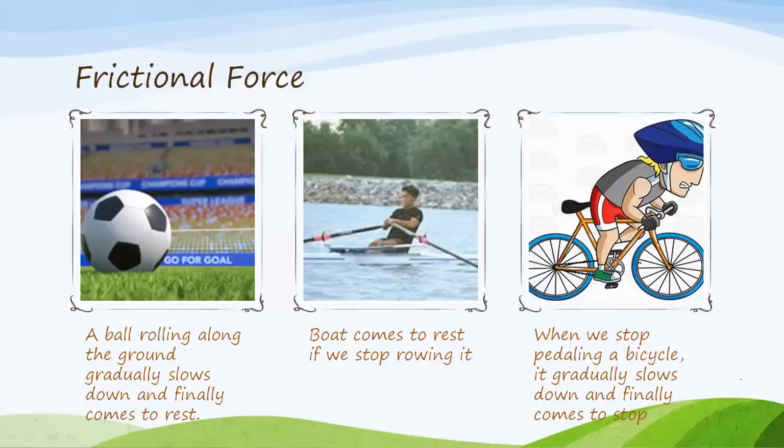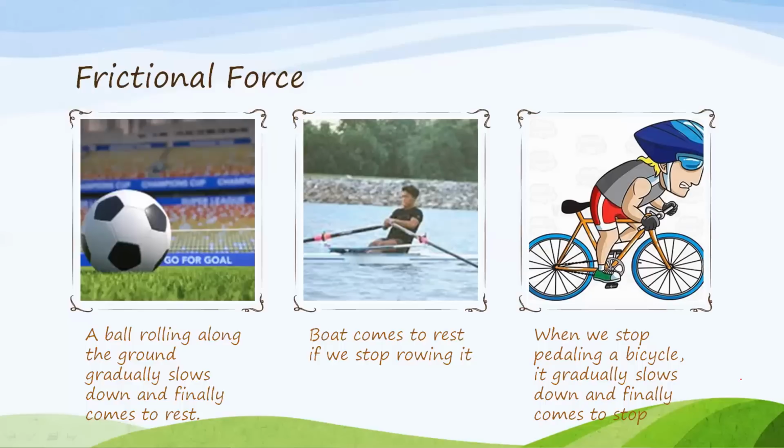So in all these situations, what is common? The common thing is one object is trying to move on the surface of another. In the first picture, the ball is trying to move on the surface of grass. Second, the boat is trying to move on the surface of water. Third, the cycle is trying to move on the surface of the road. In all these three situations, one object is moving on the surface of another.